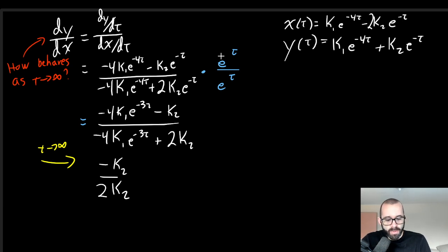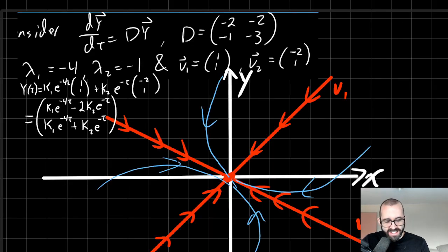Well, the slope, I can cancel these k2s, can't I? The slope of any solution as time gets really big is -1/2. So you can really see which one we are approaching from as time goes to infinity. We have a slope of -1/2.